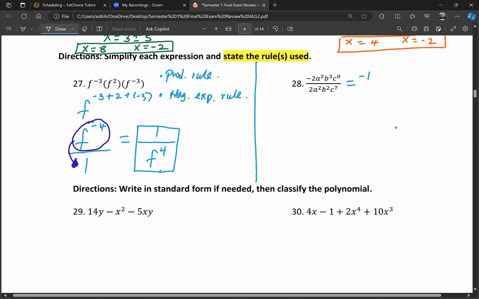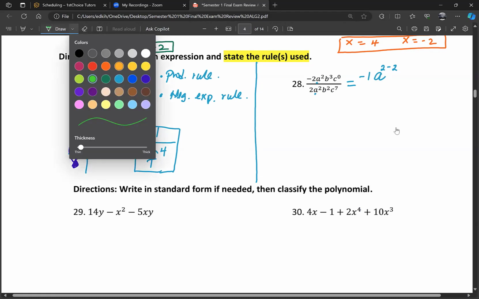Okay, so moving on to the A values. So we have A squared divided by A squared. If you have the same base, and we have the same base with A's and they're being divided, you simply subtract the exponents. Subtract the bottom one from the top one. So it would be A to the 2 minus 2. Then we can move on to the B's, right?